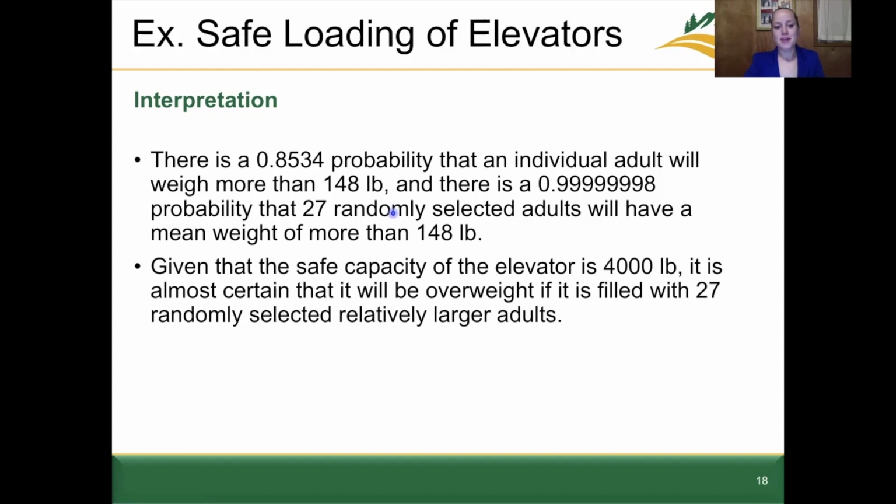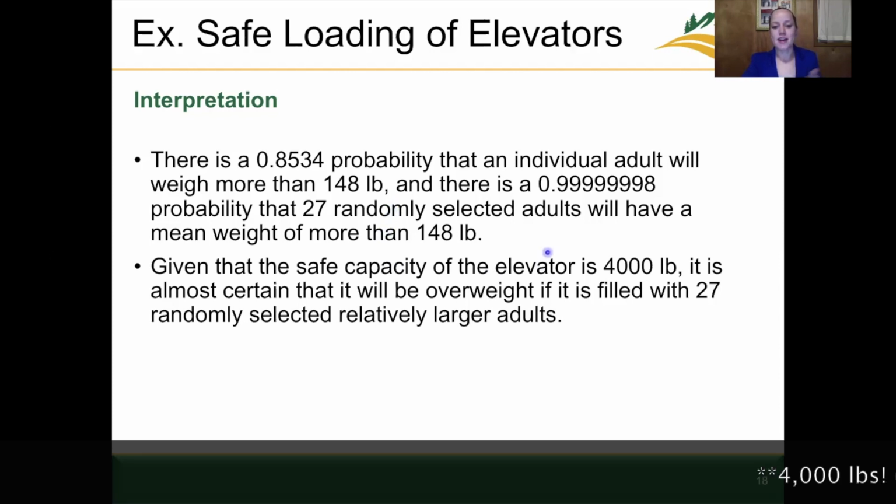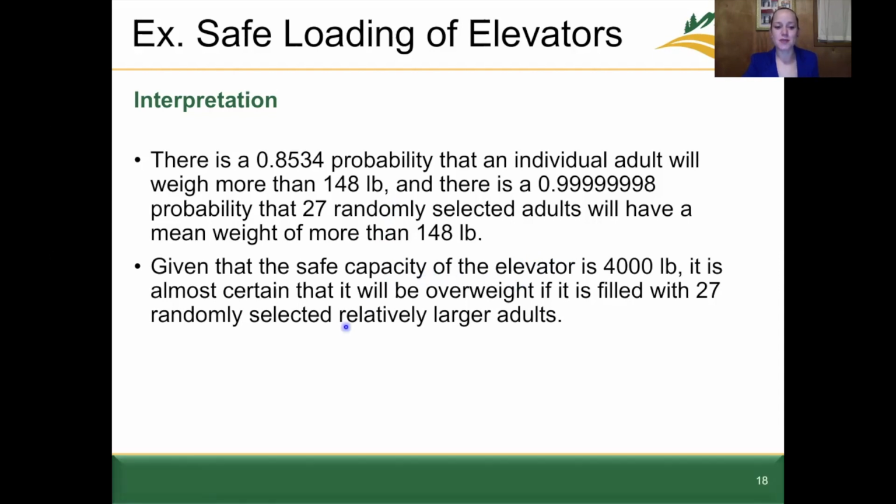So with this information, given that the safe capacity of the elevator is 400 pounds, it's almost certain that it will be overweight if it's filled with these 27 randomly selected, relatively larger adults. The interpretation is important here because we can do the calculation, but we need to decide what that calculation really means for us practically.